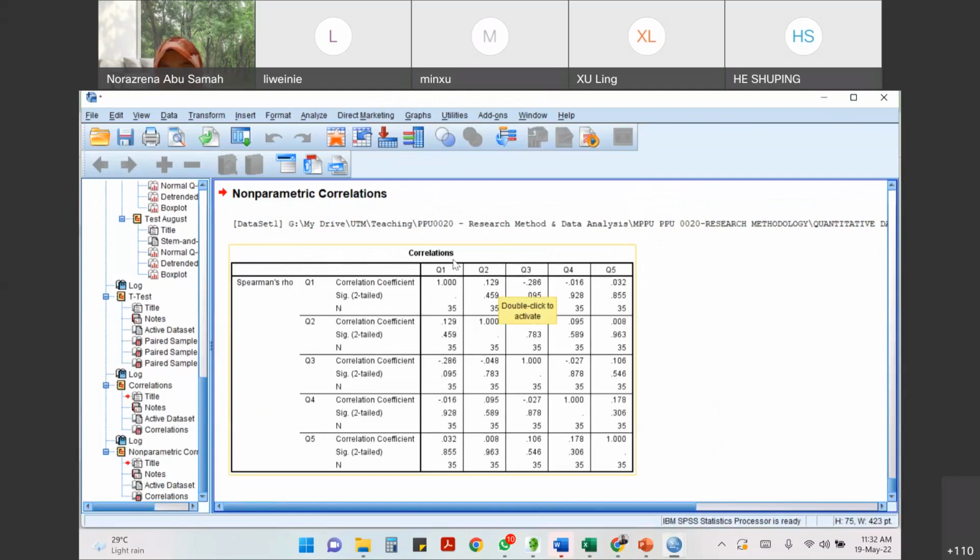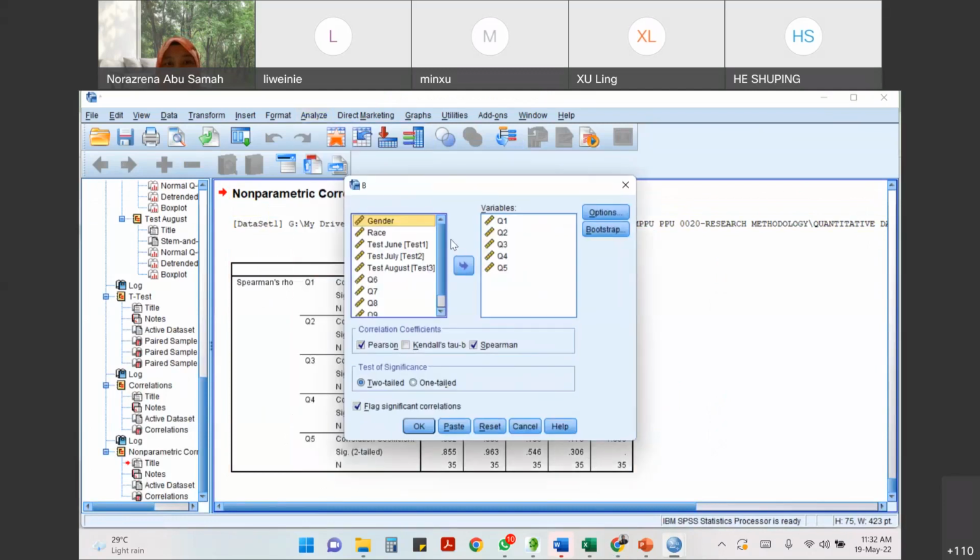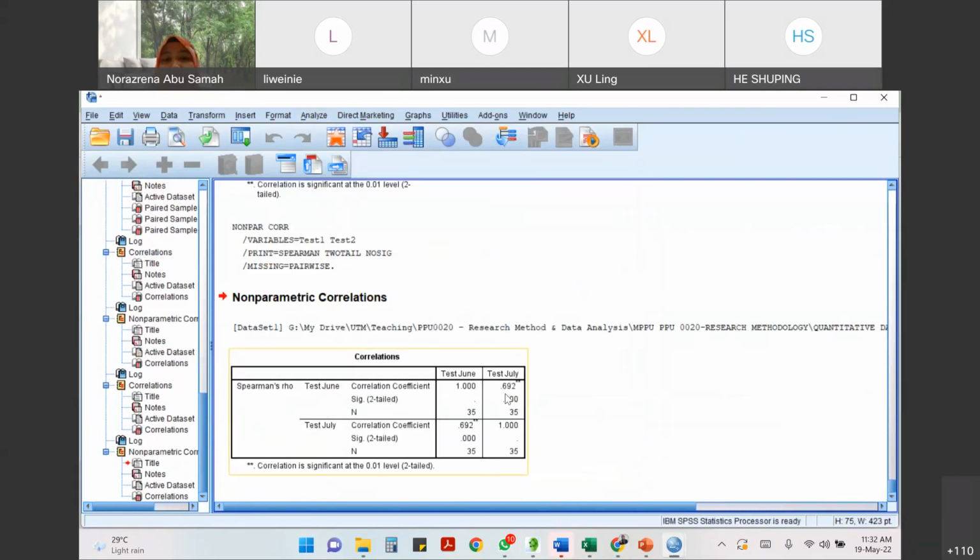Let's say here there is none, no correlation at all. Okay, I will find the one that has correlation. Correlate, bivariate. Okay, we want to find, this one, look at here. When there is a correlation, there is a star here.